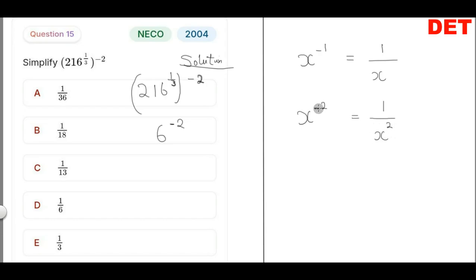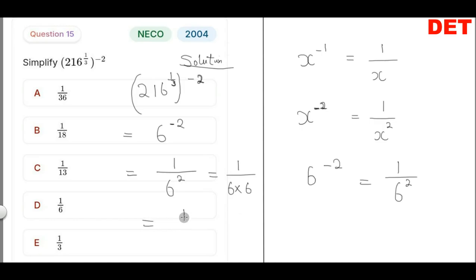In order to remove this negative sign, you have to invert the expression by writing 1 over x raised to the power of 2. So 6 raised to the power of minus 2, if you apply the negative index law, will be equal to 1 over 6 raised to the power of 2. 6 raised to the power of 2 is 6 times 6, which gives us 36.